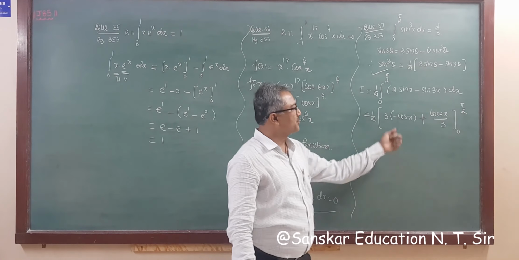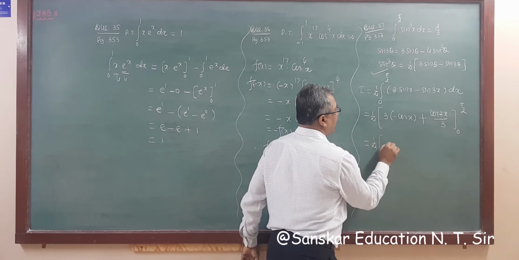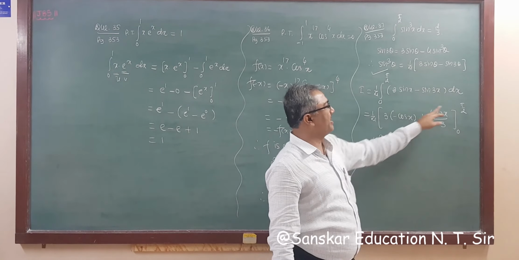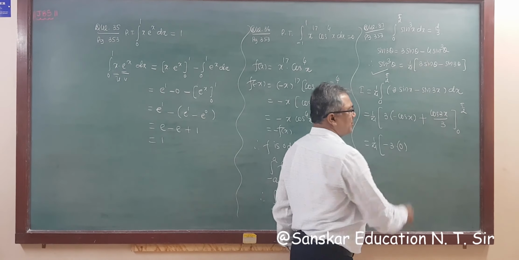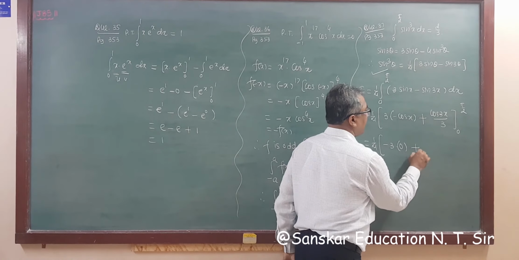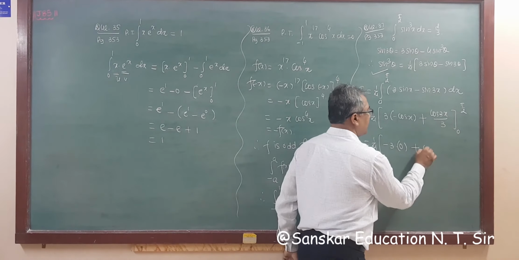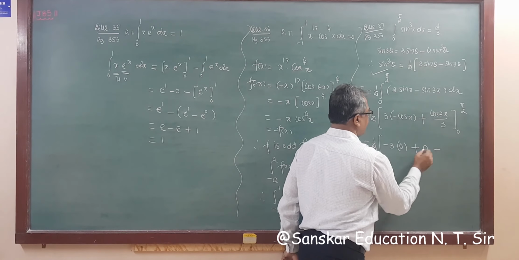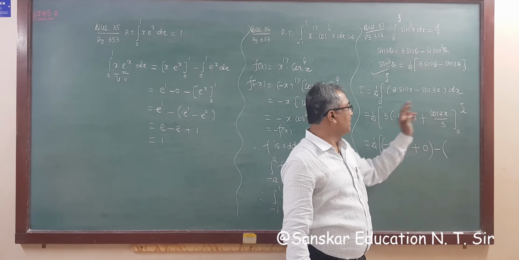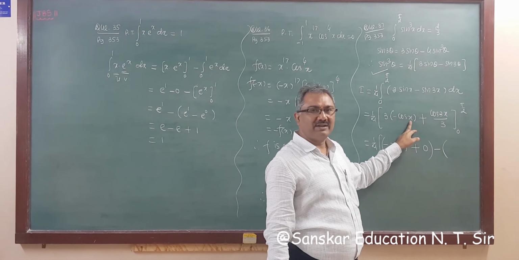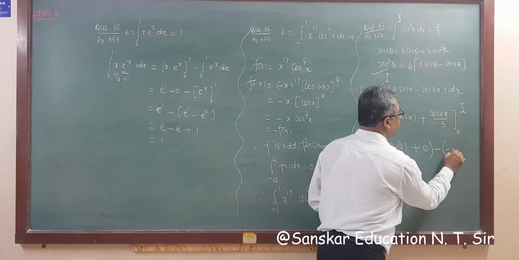Substituting the limits, we get 1 upon 4 times minus 3 cos pi by 2. You know cos pi by 2 is 0, so I am writing 0 directly, and plus cos 3 pi by 2 is again 0, so I am not writing that. 0 minus the lower limit, cos 0. Cos 0 is 1, so this is minus 3 into 1, that is minus 3.